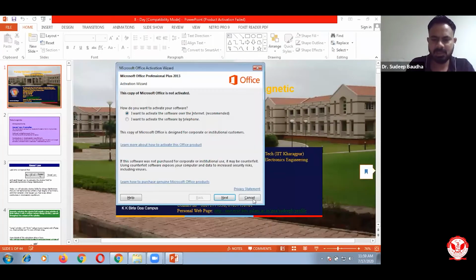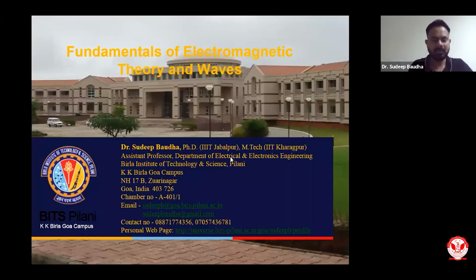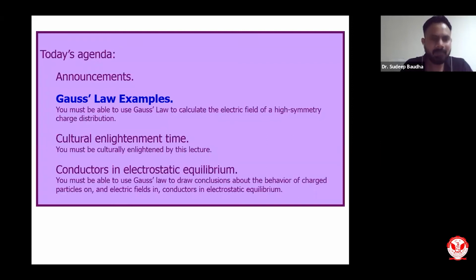Actually, this was meant to start with day 8, and today is of course day 8. We devoted 1 hour to the previous session, but let's see how things go. As per this plan, I have to complete some examples of Gauss law.